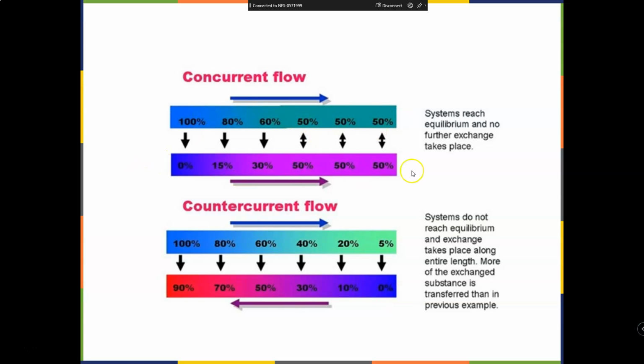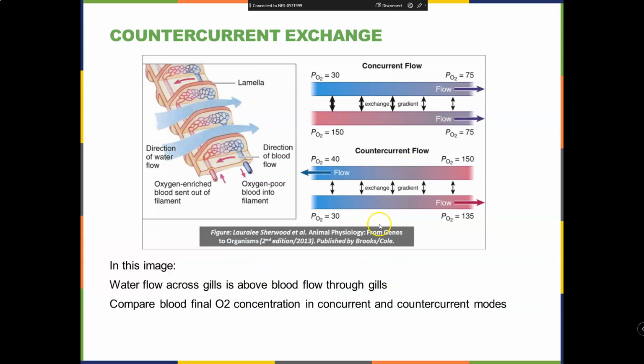If we have blood and seawater running in the same direction, we're going to equilibrate at 50% concentration shared between the two fluids. That's no good. So we want this. In this drawing right here, we use the actual pressures of oxygen. As we see right here, normally the blood coming in has a partial pressure of about 30 millimeters of mercury of oxygen.